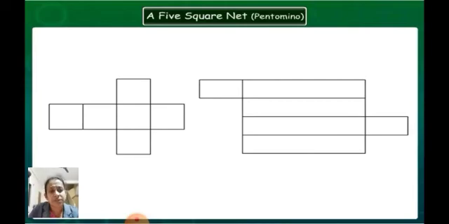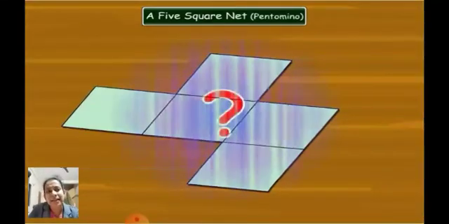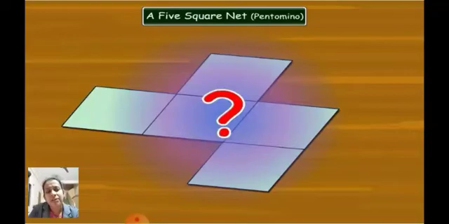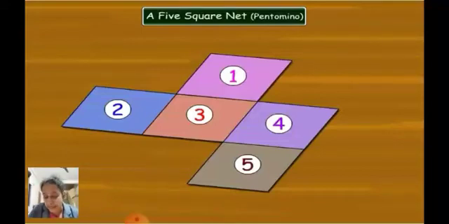Now let's proceed further. Look at this net, what you are seeing here. Individually, each figure is a square. So how many squares are there in this structure? Just count them. Yes, you are right. There are altogether 5 squares.